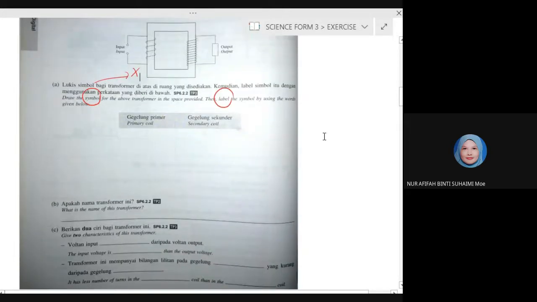Boleh yang ni? Yang macam mana lukis? We have 1 or 2 straight lines at the center and then the coil. Okay, the coil. So look at the coil, this one is less, the primary coil less than secondary coil. So you punya coil at the left side is less.